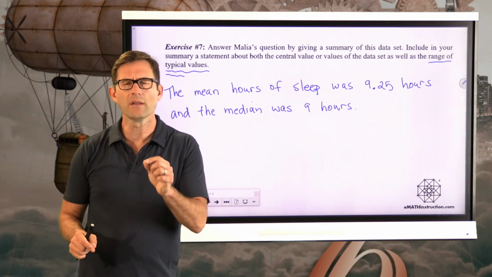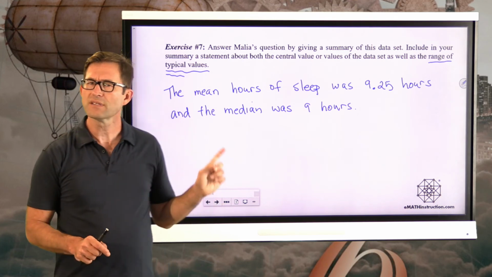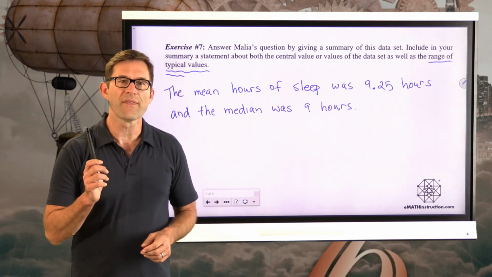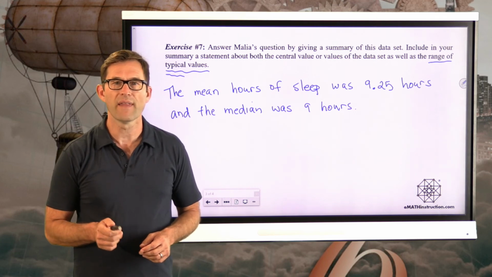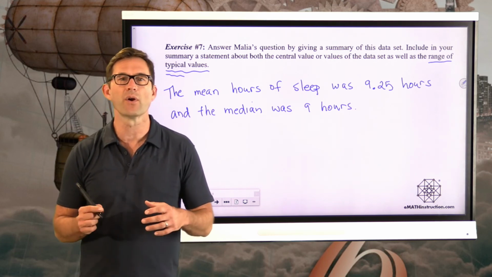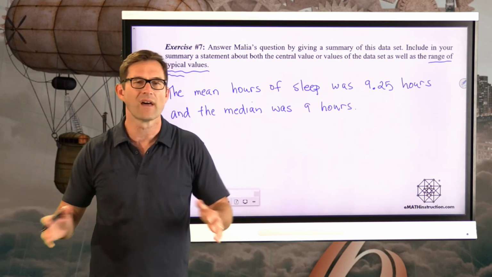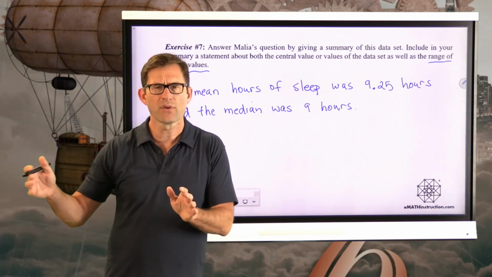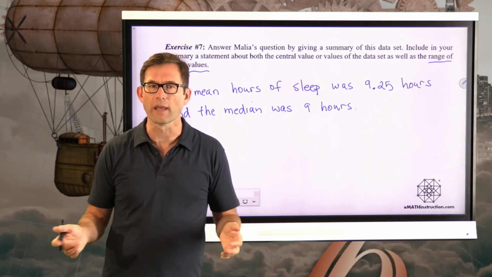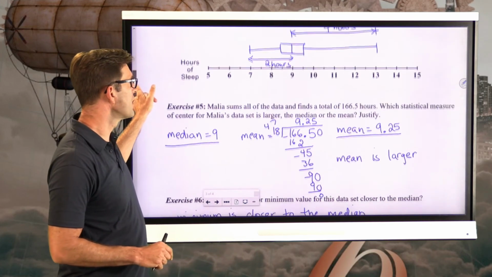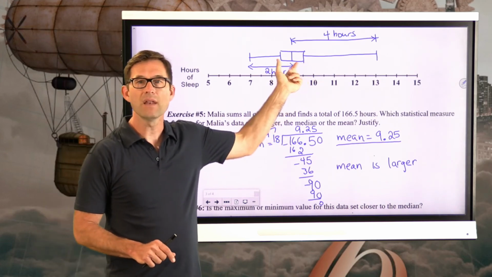And now we want to talk a little bit about the variation. Now it says typical values, right? So I'm not so certain that that minimum of 7 and that maximum of 13 are very typical, right? Those are the kind of outlying values, not necessarily outliers, but they're the ones that are kind of the most extreme, okay? The typical values we tend to think of as being that middle half, right?